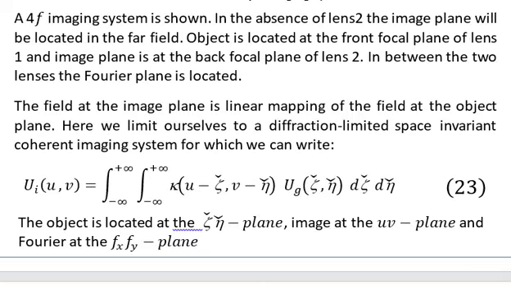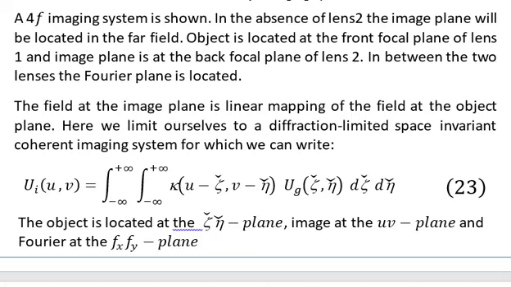The diffraction limited system also means that we have considered only an isoplanatic region of the lenses, that is, the small regions around the center, around the z-axis or the optic axis of these lenses. We are dealing with the paraxial region of these lenses.